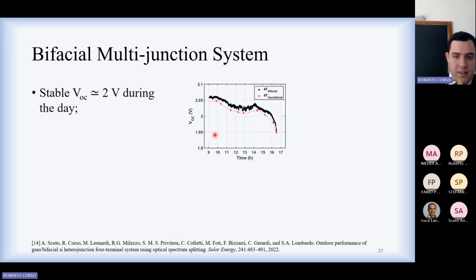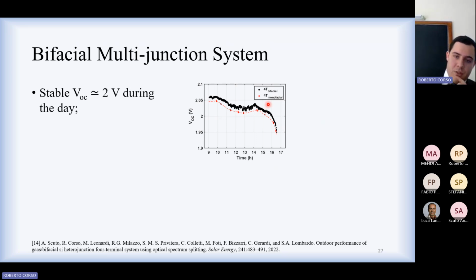Here we see the results of this study. We start from the open circuit value because this tells us if the coupling is optimal also from the electrical point of view. And as we can see, this value is quite constant, varying of about only 100 millivolts throughout the course of the day.